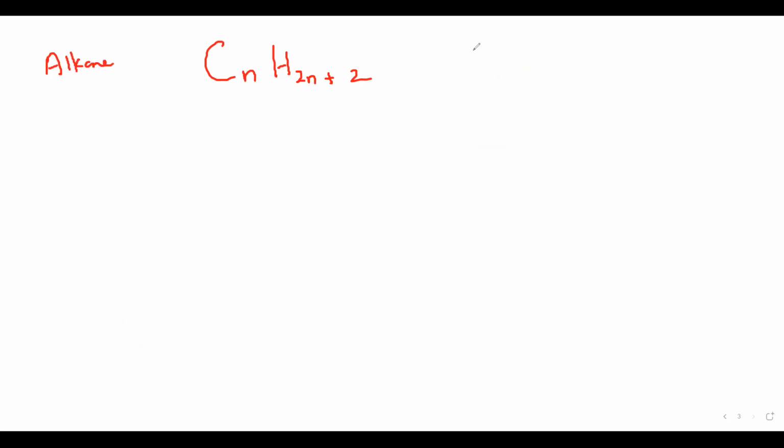And if a compound is alkene, this is CnH2n. So if I want to write a formula for ethane, eth means how many carbon? Yesterday we did this. The prefix eth means how many carbon atoms?